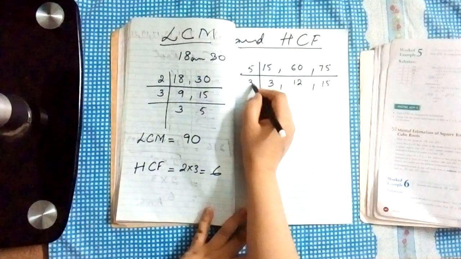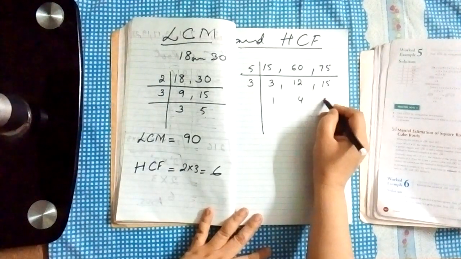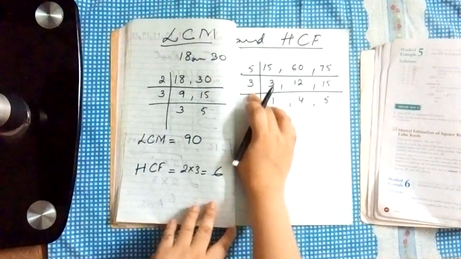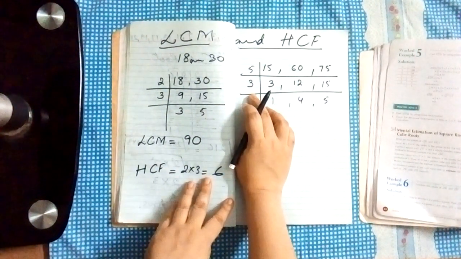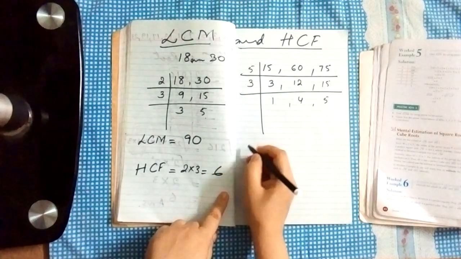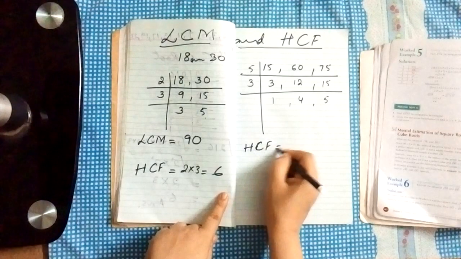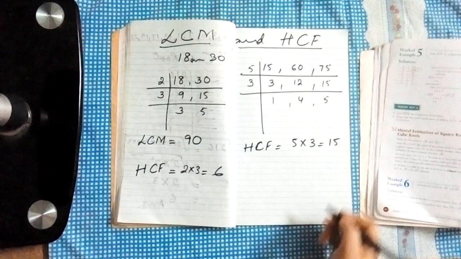We can use the table of 3. 3 ones are 3, 3 fours are 12, 3 fives are 15. So these two are the common factors. The common factors are 5 and 3. The highest common factor will be 5 multiplied by 3 is equal to 15.